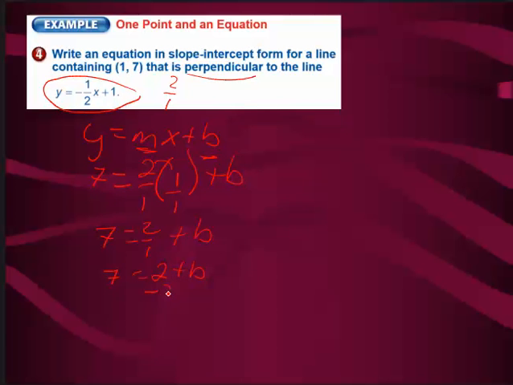I subtract that 2. So my b value is 5. Now I can rewrite my equation. y equals, my slope is 2. 2/1 is the same as 2. You don't have to put it in fraction form. x plus my b value was 5. And that is the equation of my new line.